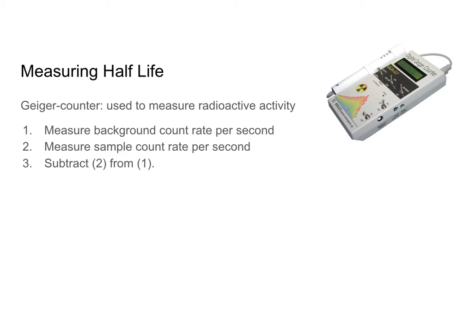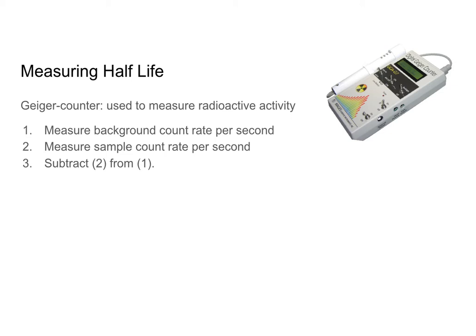So we're going to start by measuring the background count rate. We'll just hold our Geiger counter up into our environment and see what the radioactivity is. Then we'll put our Geiger counter in front of a sample of a radioactive material, for example uranium, and we're going to measure the count rate of our sample per second.